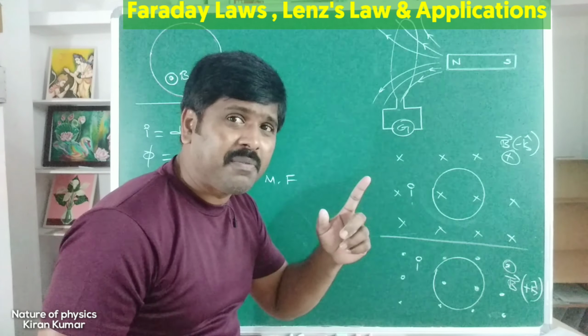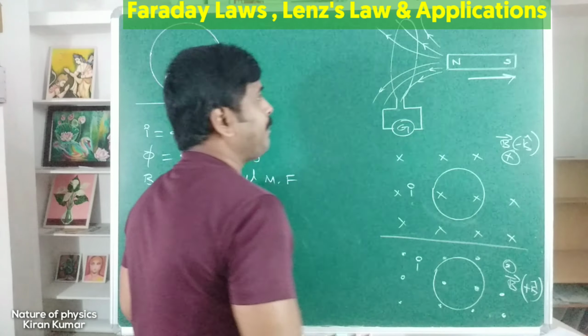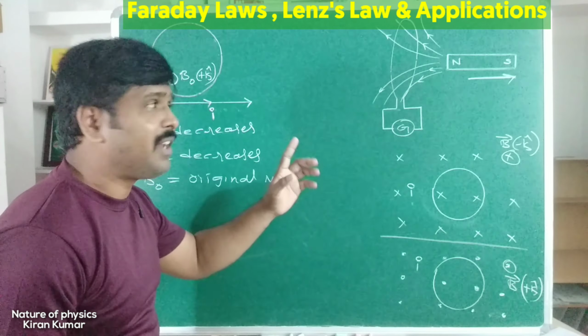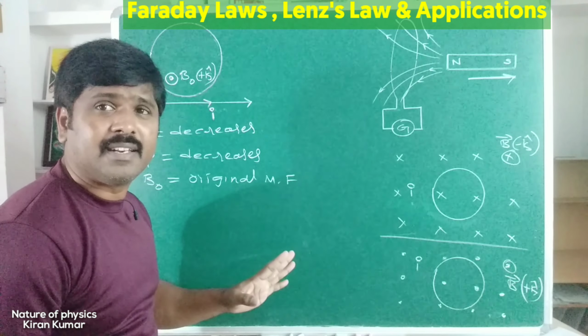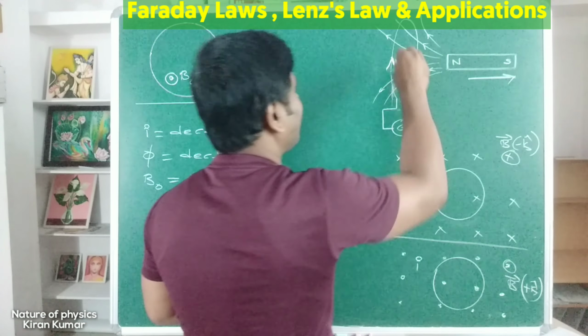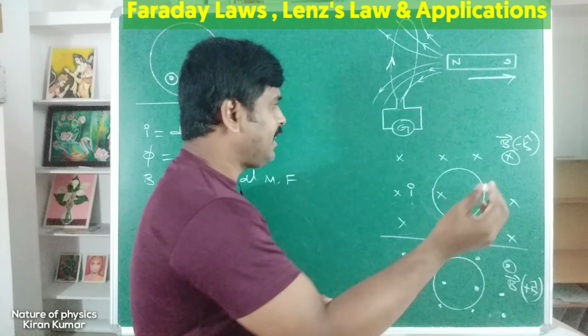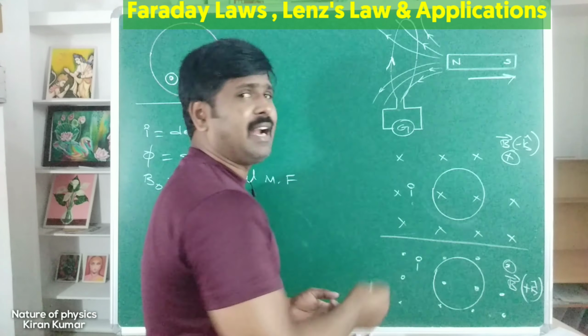When the magnetic field decreases, as if the magnet is moving away from the coil, the current direction is clockwise. When the magnet enters the coil, the current is anti-clockwise.